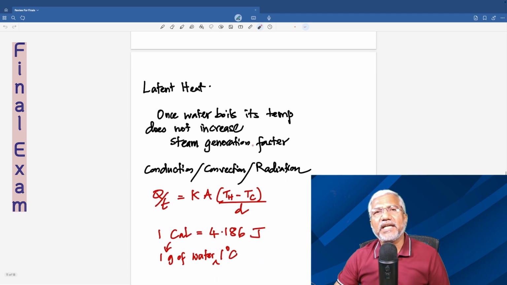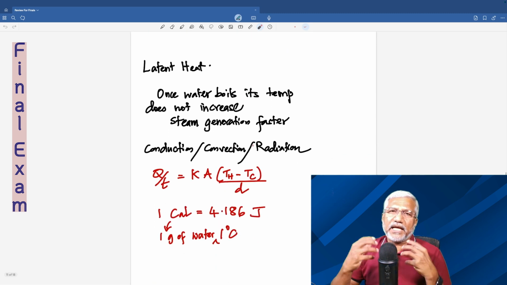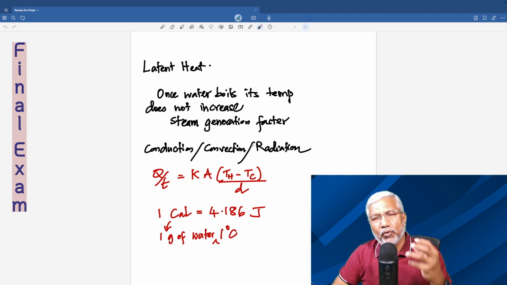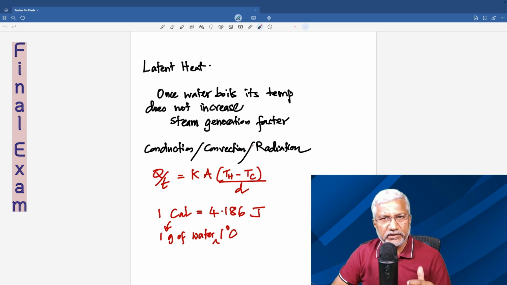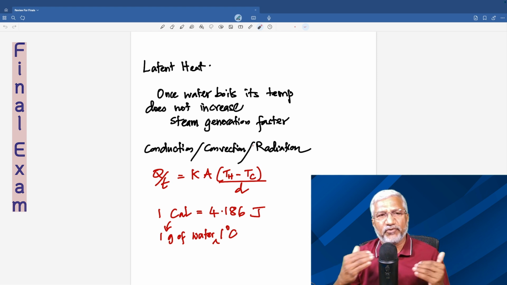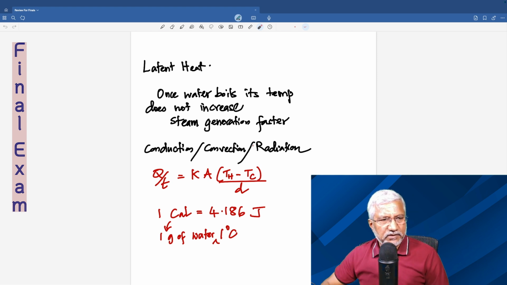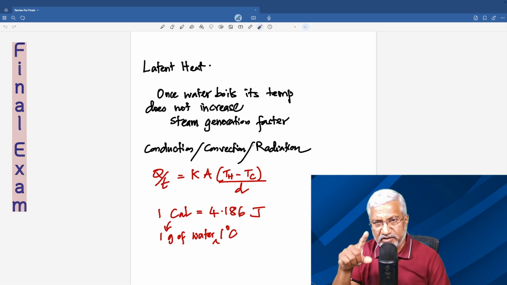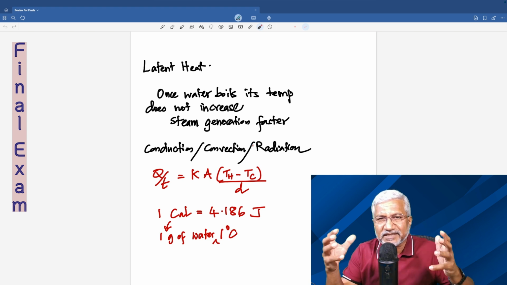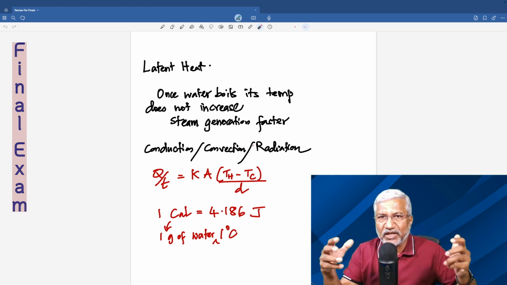Now, what do you mean by latent heat? Latent heat is the amount of heat required to change 1 kilogram of ice into water, or 1 kilogram of water into steam. So latent heat is where there is a change of phase. So also remember that once water begins to boil at 100 degrees Celsius, which is 373 Kelvin, this is important.